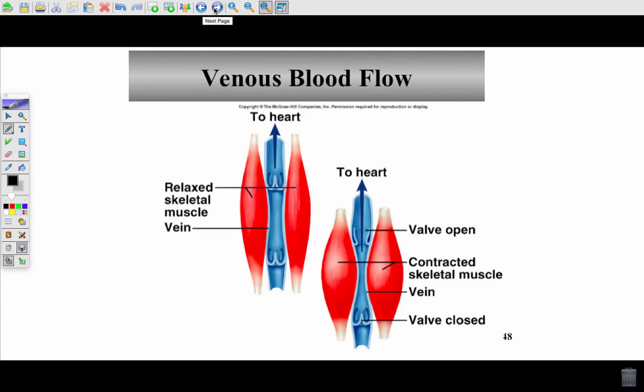Now, this is how we're going to talk about how blood gets back to the heart through the venous system. Because remember, the venous system is under low pressure. So one of the ways that the blood gets back through there is through skeletal muscle action, which is what we see in this picture.